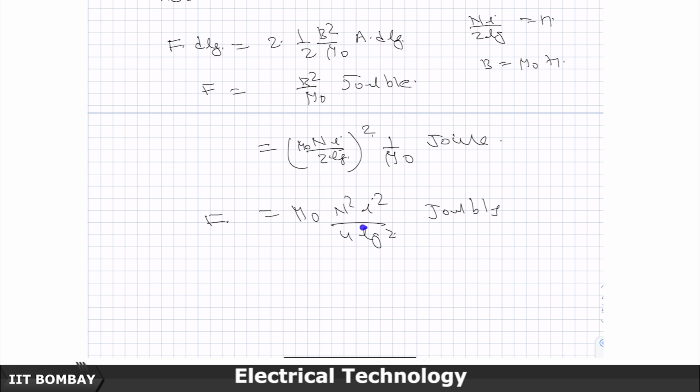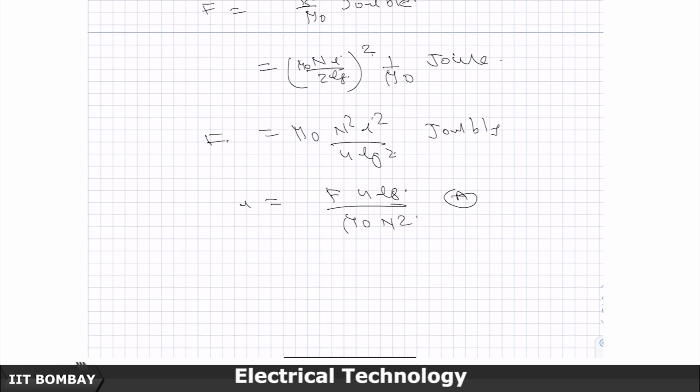As it starts moving up, Lg will start reducing. As Lg reduces, the I that is required is F 4 Lg square by mu naught n square. So, as the air gap reduces, the current required to lift the same force will start reducing.